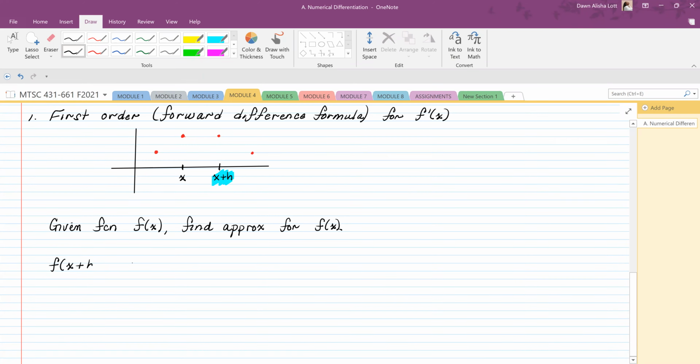Because here is my order h, that's the highest power. So this becomes the forward difference formula. And that's what we can use in our code to approximate the first derivative.